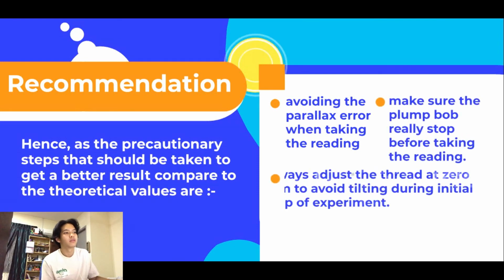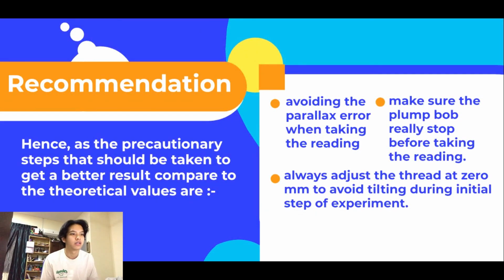As a recommendation, the precautionary steps that should be taken to get a better result compared to the theoretical value are by placing the position of the eye perpendicular to the scale of the meter ruler to avoid parallax error when taking the reading.